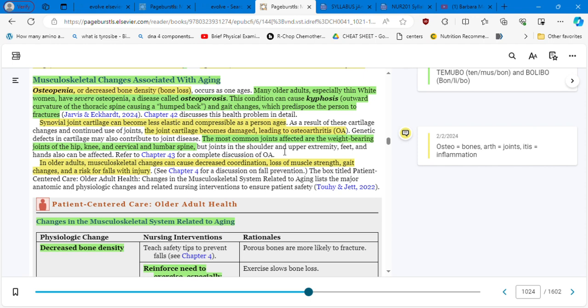The most common joints affected are the weight-bearing joints of the hip, knee, and cervical and lumbar spine, because these are supporting a lot of weight. You know, the cervical is supporting, believe it or not, a lot of weight, and the lumbar. Professor, why the cervical? The cervical is only below the head. Yeah, but the cervical in a certain way is affected by the movement of the lumbar.